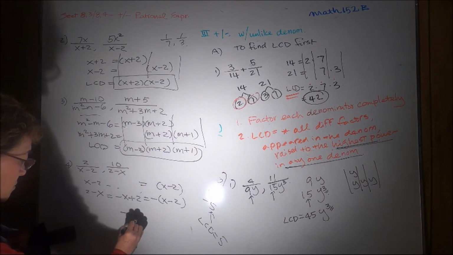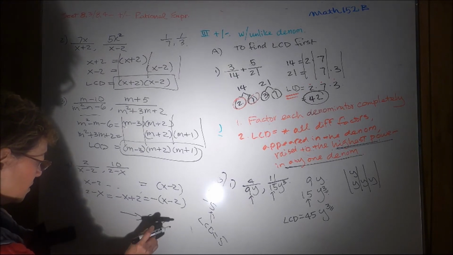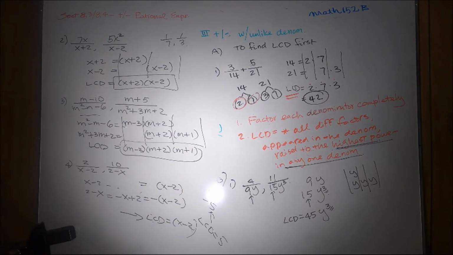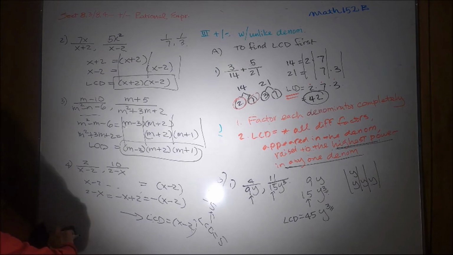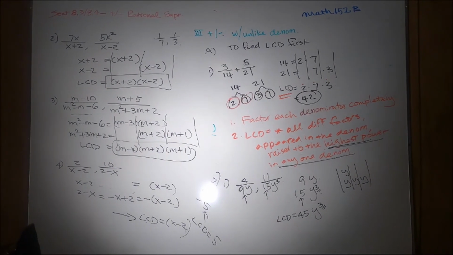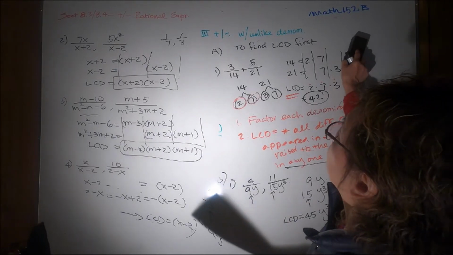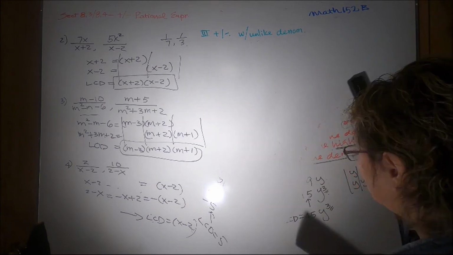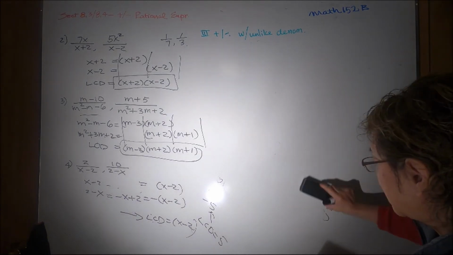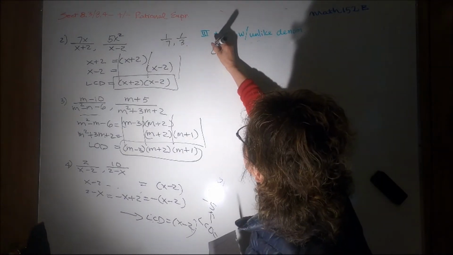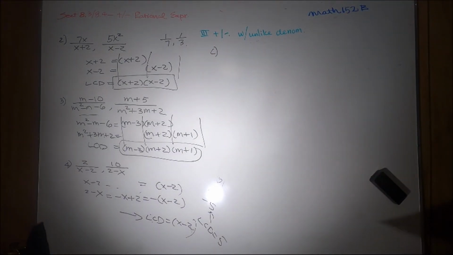So we can just use the LCD as what? x minus 2, right? You can use 2 minus x, but we always use what? The good looking one, right? Which is what? Standard form. So it's easier if you just use standard form, standard form everywhere. So it's easier to compare and to check on them, right?